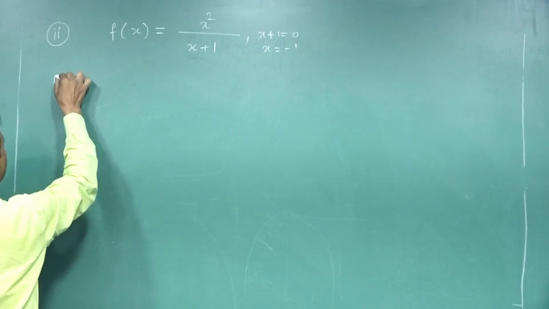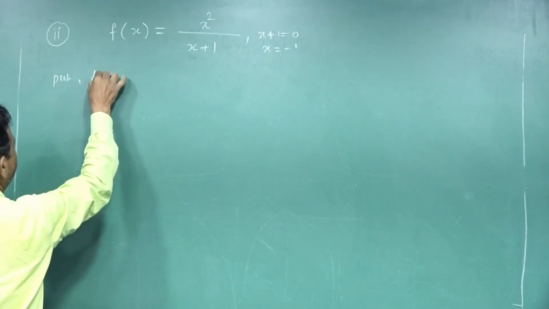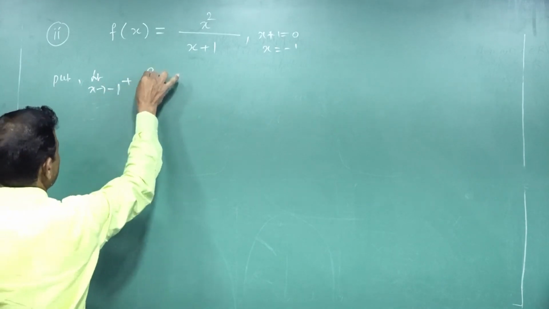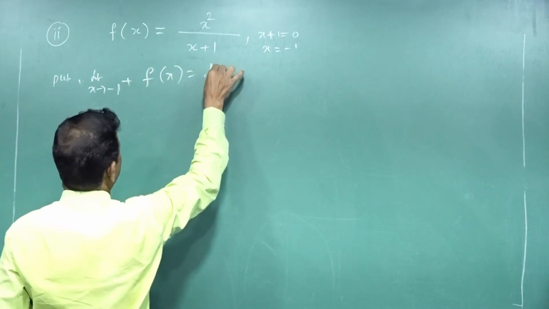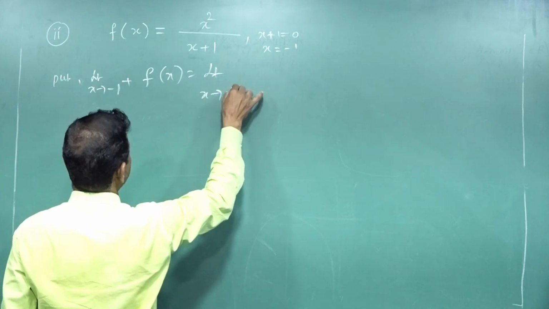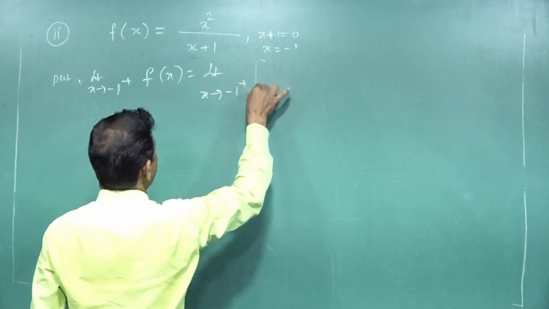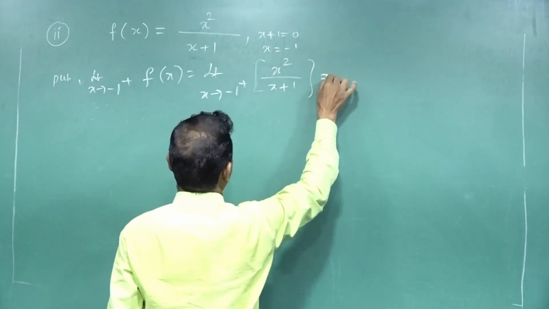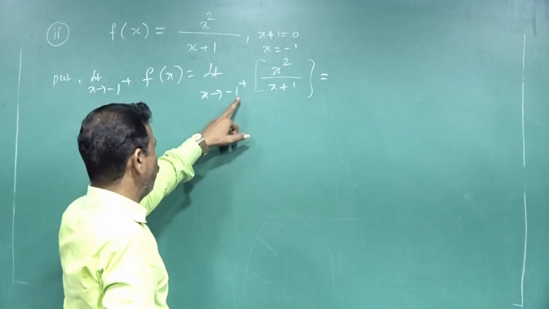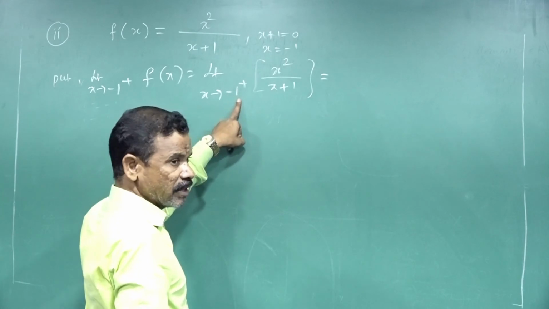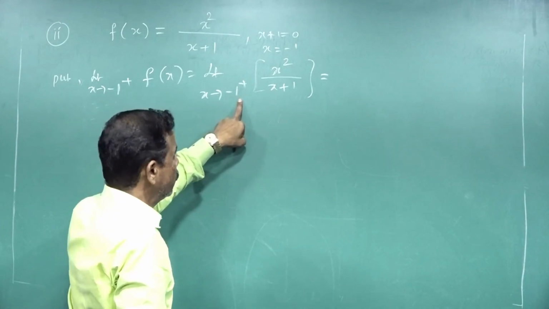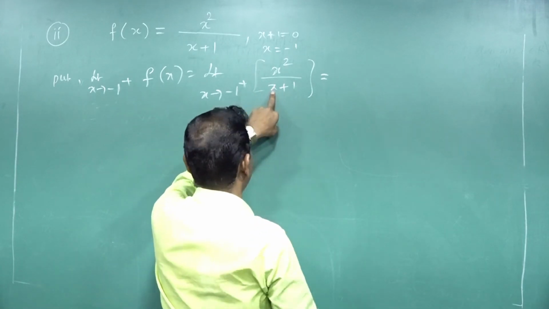So put limit x tends to minus 1 plus f of x, what is coming? Limit x tends to minus 1 plus f of x is x square by x plus 1. So here minus 1 plus means minus 0.9 like that coming. Compared to this, it is the least value.